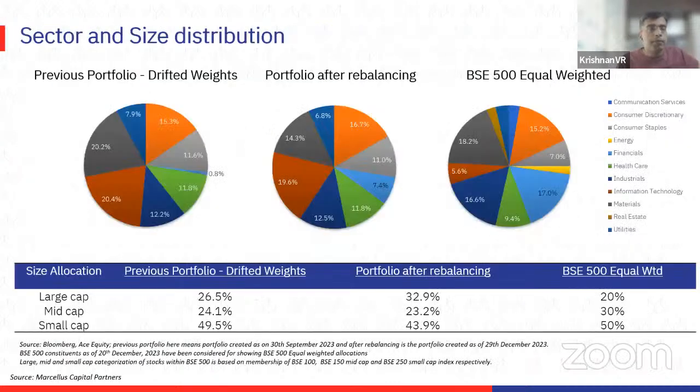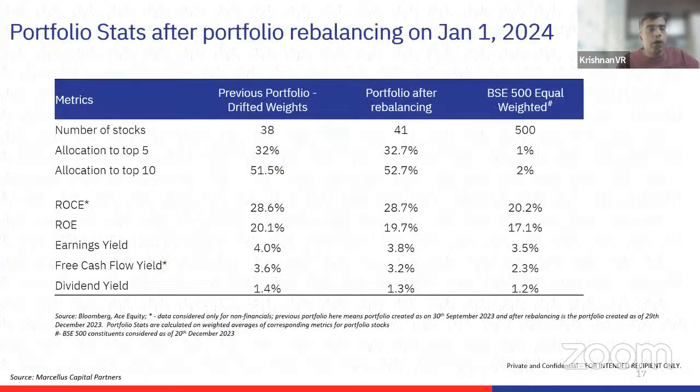Now, when you look at the actual portfolio, how it looks after the rebalance on January 1st, we have compared the portfolio before and after rebalance, that is your second column versus your first column, and also compared it with respect to the broad universe equal weighted, which is your BSE 500 equal weighted universe.